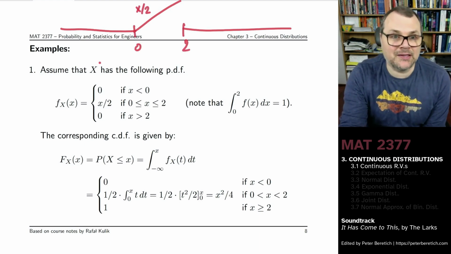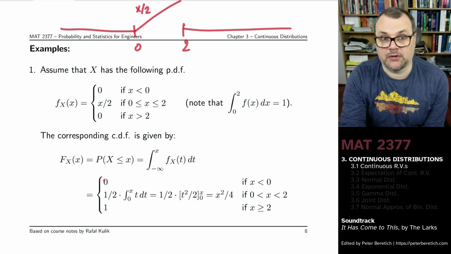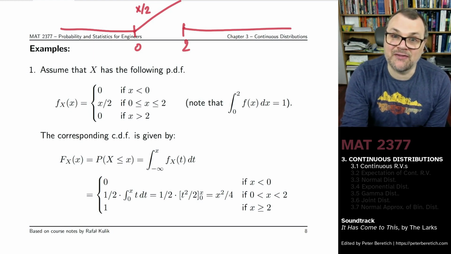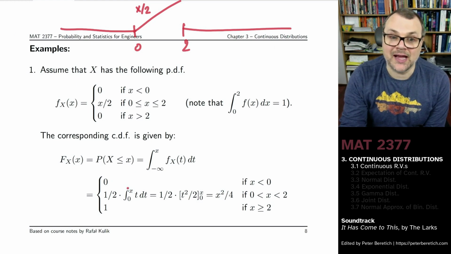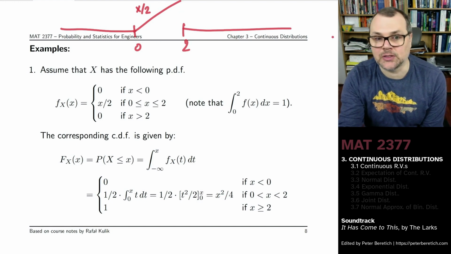If x is any value before 0, the cumulative probability, the area under the curve, is going to be 0. And if x is any value after 2, that area has to be 1, right? Because you've already computed all of this area, which we knew was 1, and there's nothing else to be added.